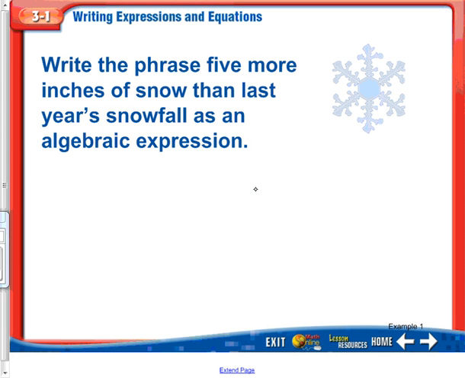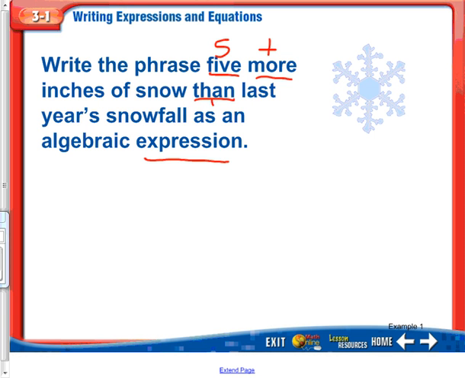In this one, it says write the phrase 5 more inches of snow than last year's snowfall. Again, we're writing an algebraic expression, so we know we're not going to have an equal sign. All right, keywords. 5. We can write the number 5. More tells us that we're going to add. The word then is a key word.